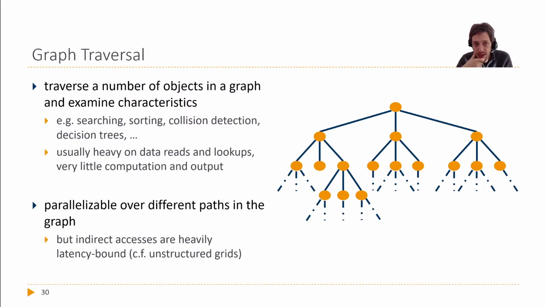And these kinds of problems and data structures are usually very heavy on reading data and looking up data, fast navigation through your graph, for example, but there's very little computation going on most of the time, and there's very little output or writing. So usually, if you have sorting algorithms, you modify the tree a lot, but for collision detection and searching, there's very little modification going on in the tree, because you do lots of reading, lots of checking and lookups, and this also touches on what I told you.